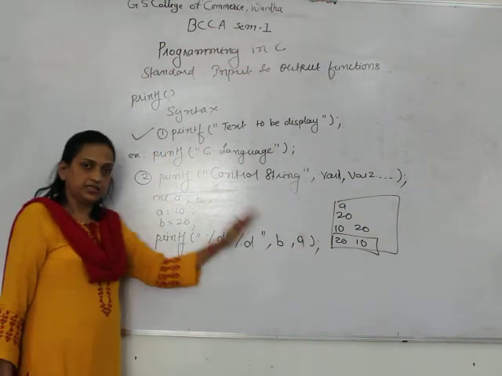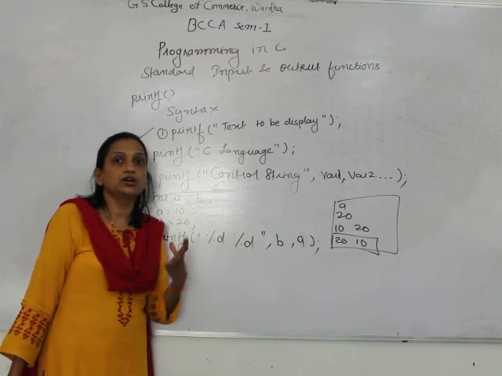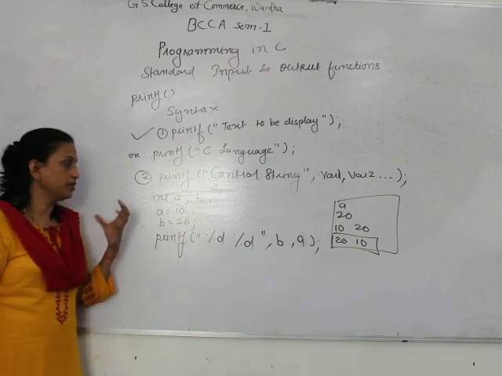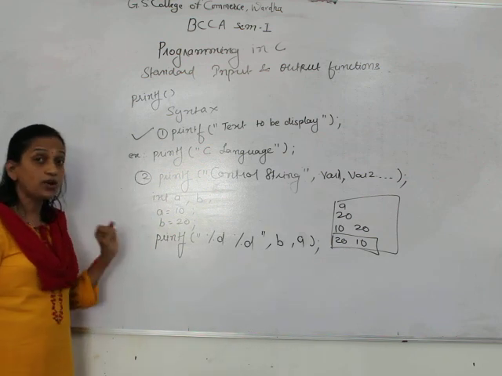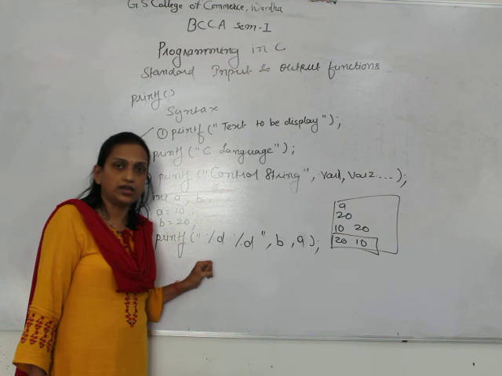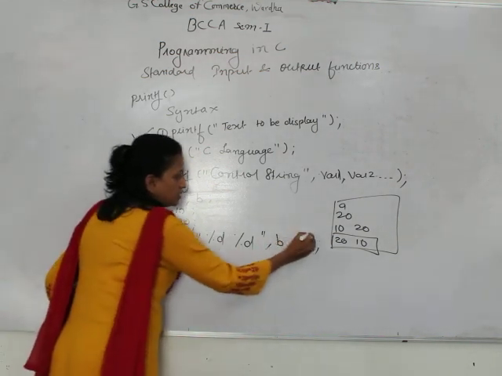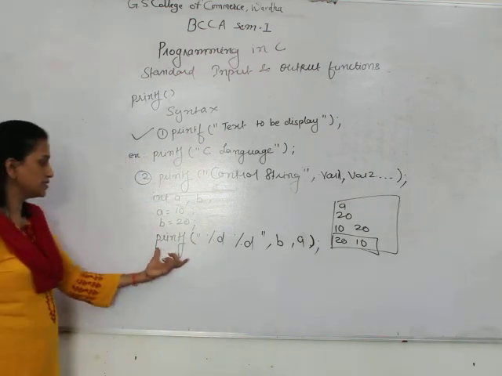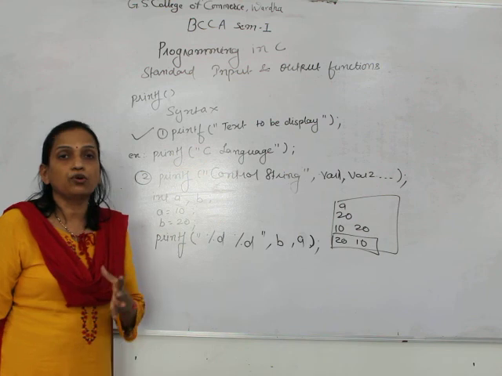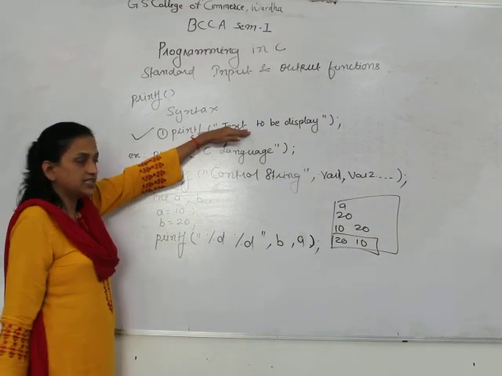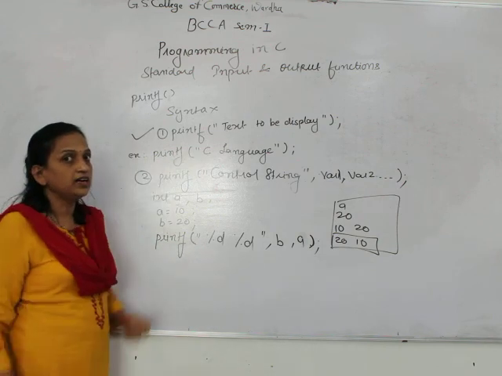Now, some rules you should remember when using printf. The first thing is, always write printf in lower case. Second, everything is in parenthesis. These are parentheses, this is the bracket, and in the bracket, whatever you want to print, if it is a text, should be enclosed within double quotation marks.